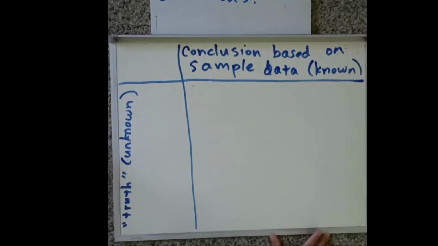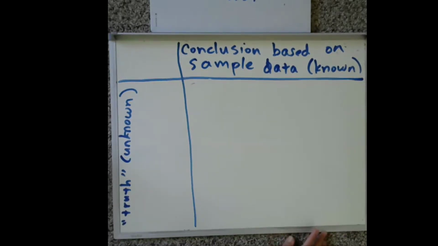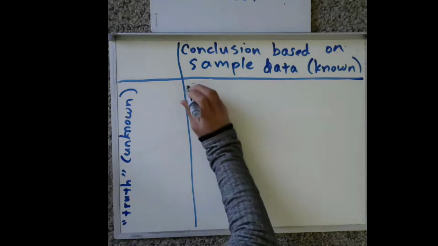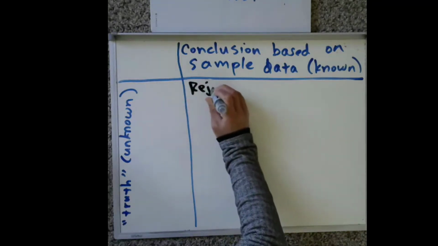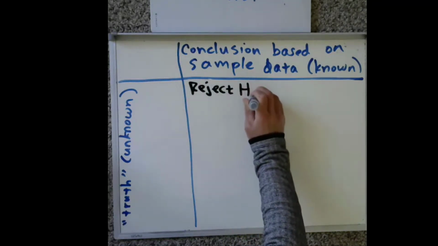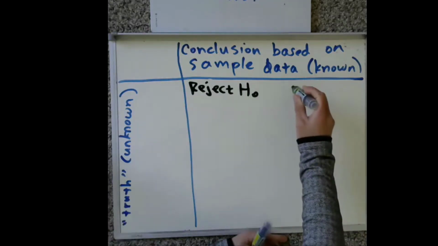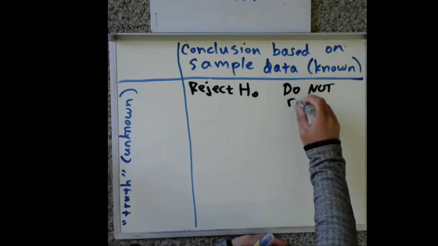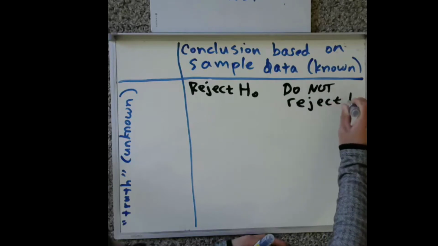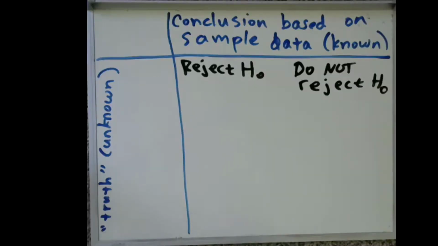In this little table that I'm going to make, I'm going to have the column state the conclusion based on sample data. So those conclusions are either the data suggests a rejection of the null hypothesis, or that we do not reject the null hypothesis. The rows here are what I'm calling the truth. This is unknown to us, so that's what's going on in the population.